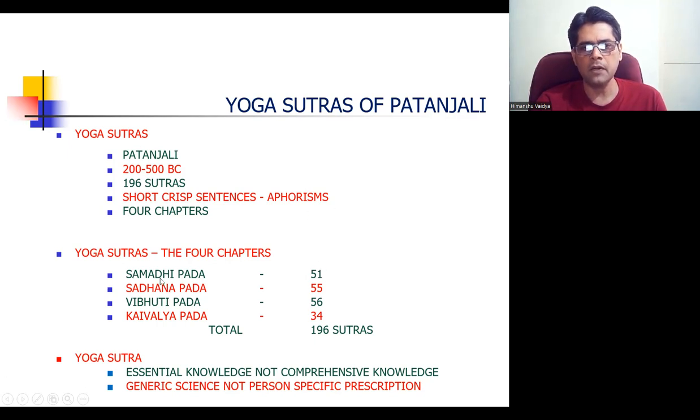So in the first chapter, called Samadhi Pada, there are 51 aphorisms. Second chapter called Sadhana Pada, 55 aphoristic statements. Third one, Vibhuti Pada, 56, and Kaivalya Pada, 34. Total 196 statements or sutras, 196 aphorisms. This is the constitution of the book Yoga Sutras by sage Patanjali.